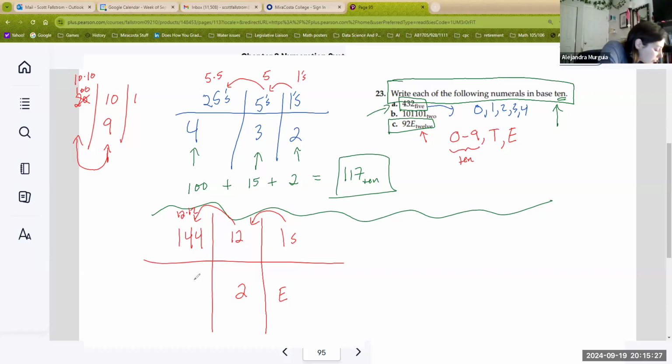So I'm looking for how many groups of 144 are in 900. Wait, what base are we living in? 12s. So, can you tell me what this 9 represents? 9 groups of 144.